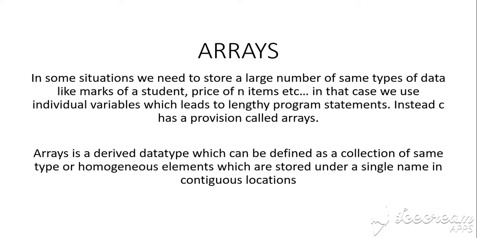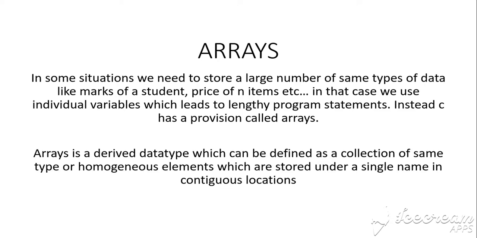That means if you are using an array, we can only store a collection of same type of elements. If you are storing integers in the array, you can only store integers in it. So it is a group of integers, or a group of float numbers, or a group of characters. Homogeneous or same type of elements are stored inside the array.